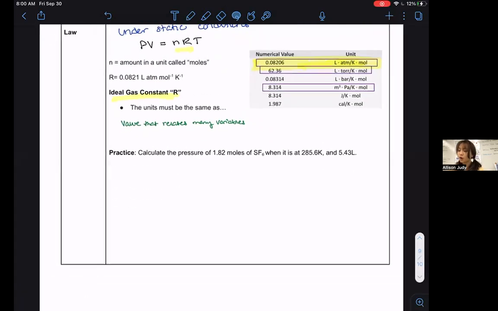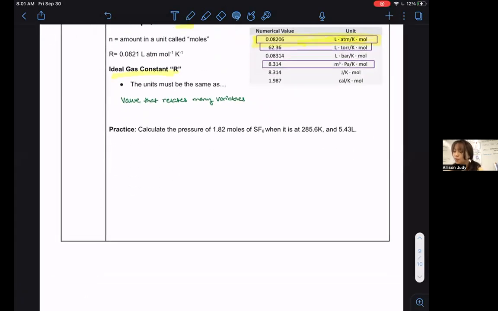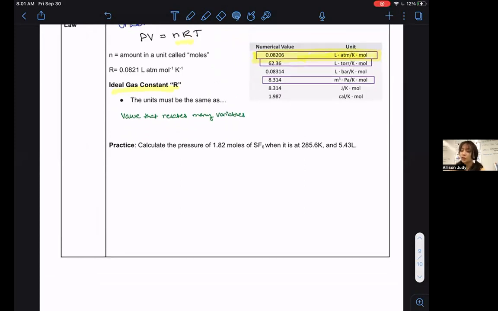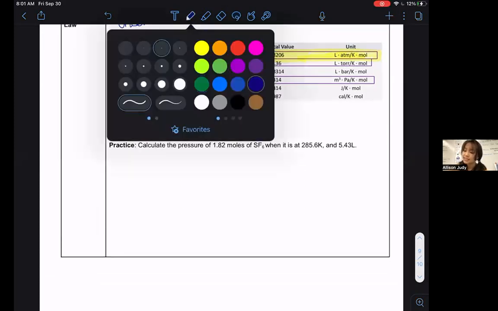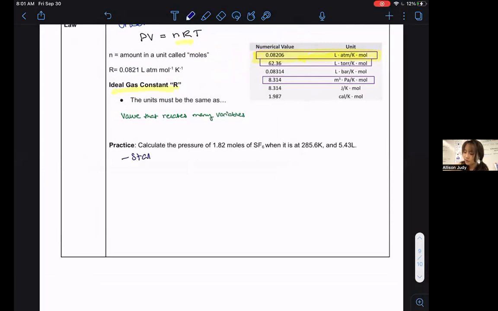So let's do a practice problem. We want to calculate the pressure of, let's say, 1.82 moles of sulfur hexafluoride when it is at 285.6 Kelvin and 5.43 liters. Here, automatically notice you are working with static, unchanging conditions.